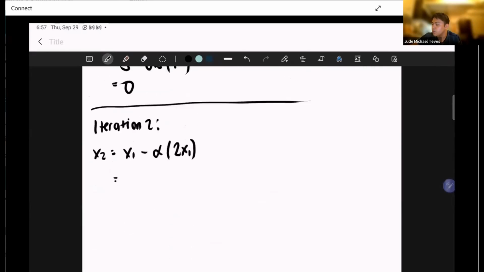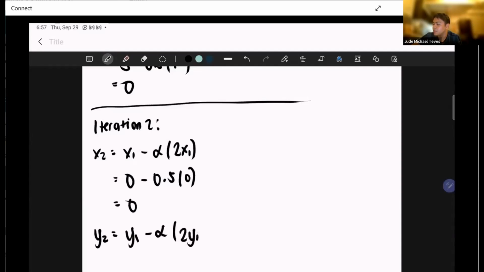And the value again is 0. It's 0 already. Then 0.5 times 2 times 0 is of course 0. So yeah, it's 0. Y sub 2 is y sub 1 minus our learning rate times 2 y sub 1, and it's going to be 0 as well.